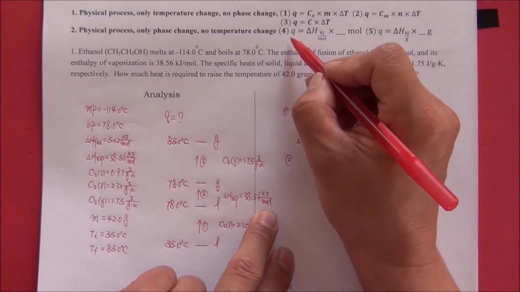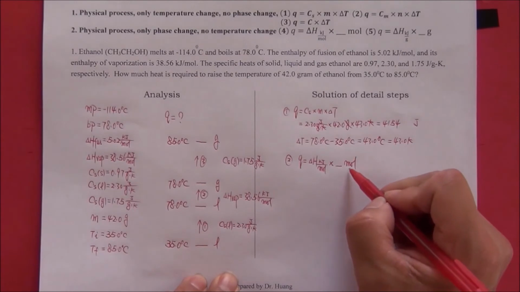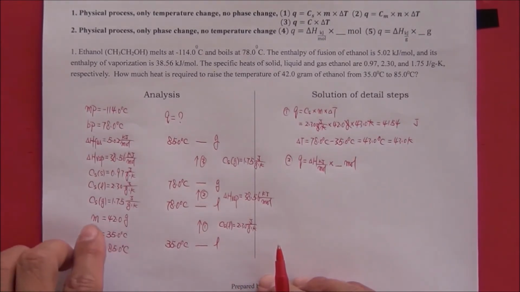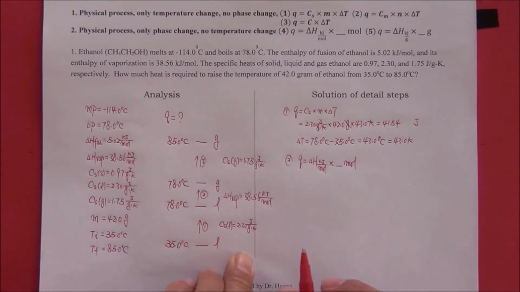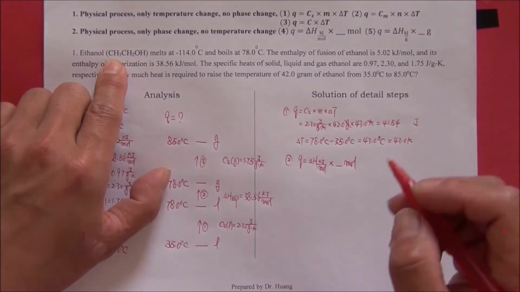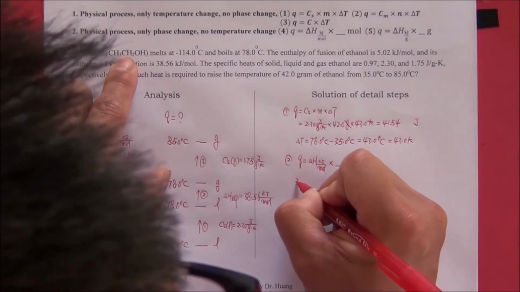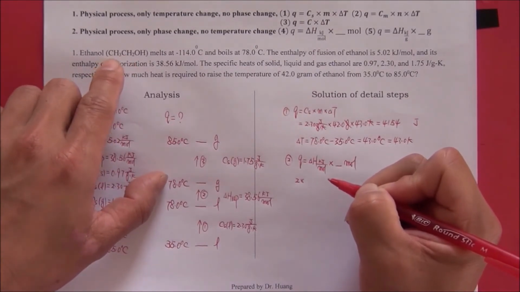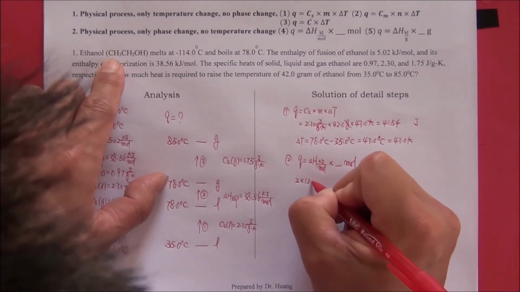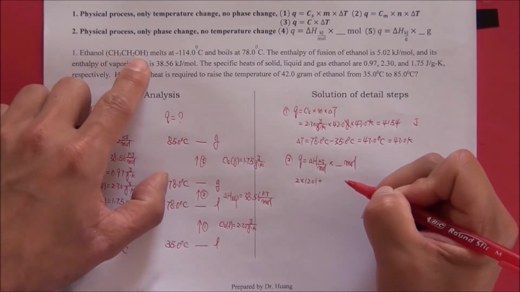The unit of delta H vaporization is kilojoule per mole. Therefore, we want to use equation 4. But we do not know the moles of ethanol. Since we know the mass of ethanol, we can convert from mass to moles. But we need to calculate the molar mass of ethanol. For 1 mole of ethanol, we have 2 moles of carbon. If you look up a periodic table, the atomic mass of carbon is 12.01.